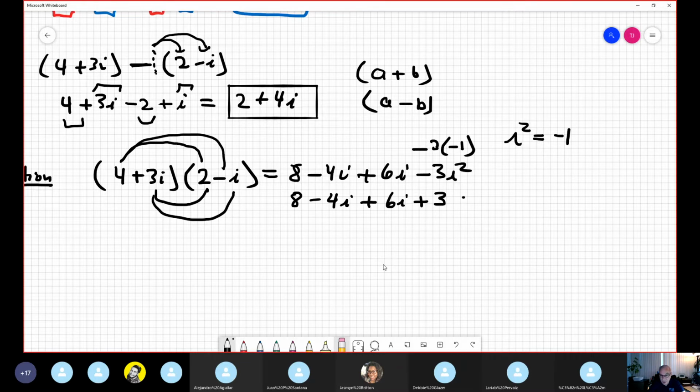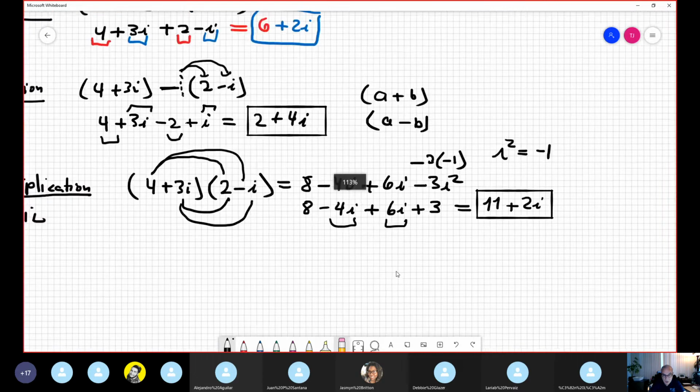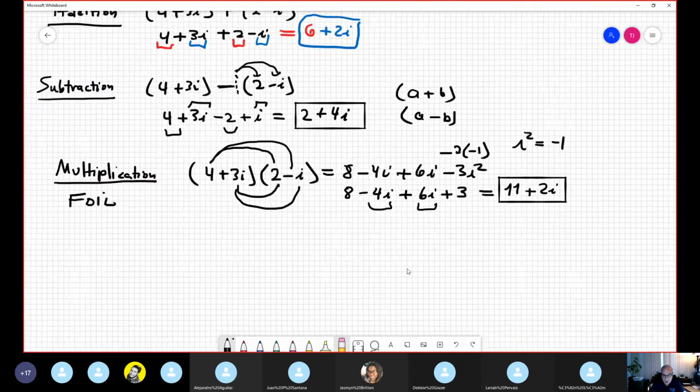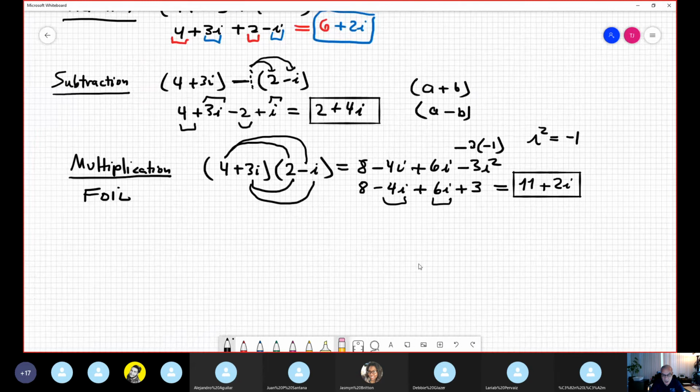Okay, ready to combine later. 8 plus 3 is 11. And negative 4i and positive 6i is 2i. Final answer. Multiplication of complex numbers: you FOIL and be careful. Any term that contains i squared you can convert to real, because i squared is actually real. And finally combine later. And this is my final answer.